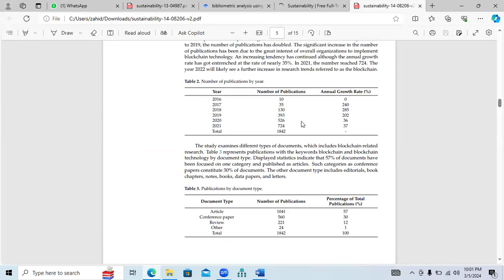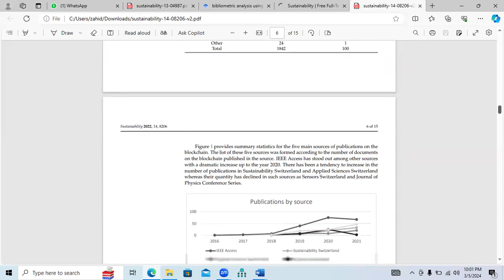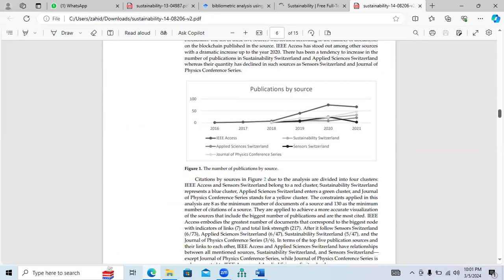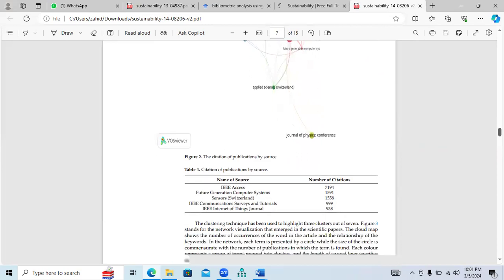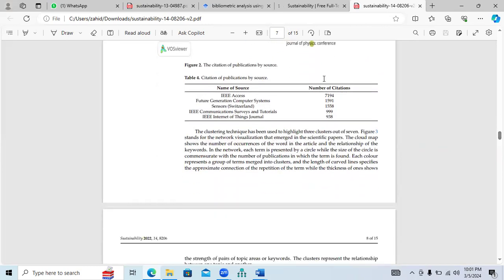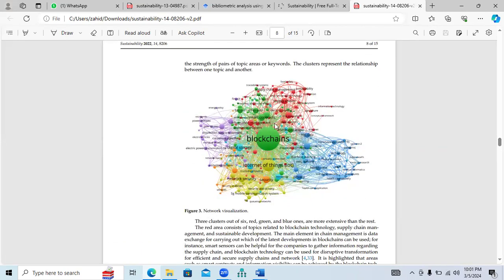You can see the publication count by number of years, publication type, and here is basically publication by source. These are the different sources from where it is being published, and you can see the number of citations from different sources. This is basically keyword analysis.